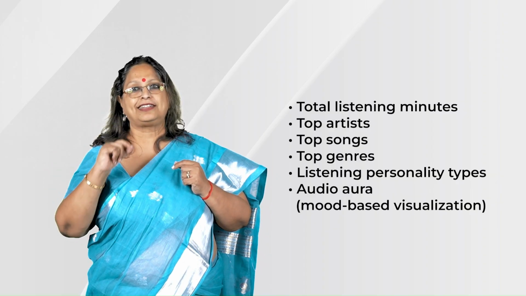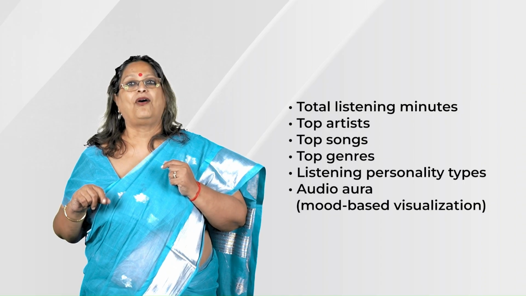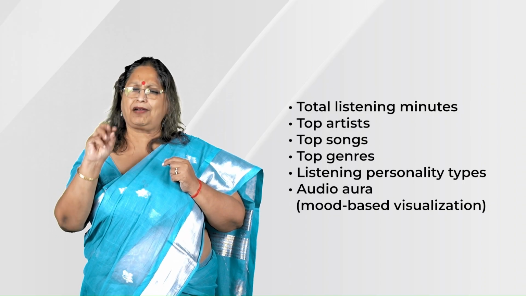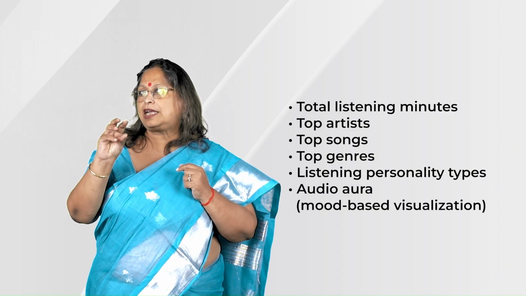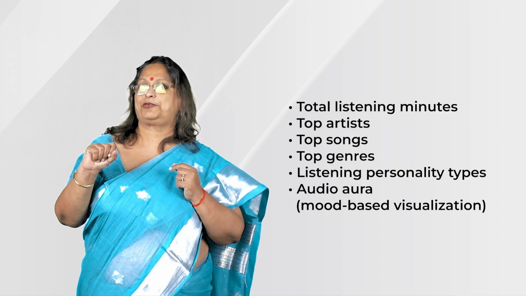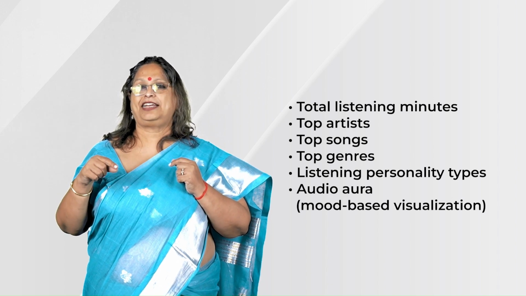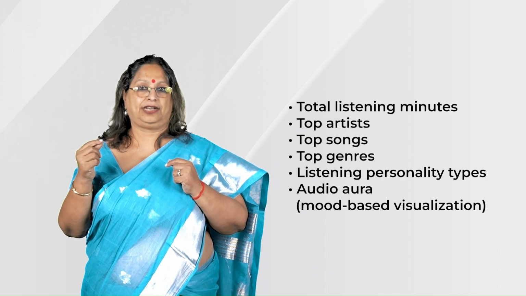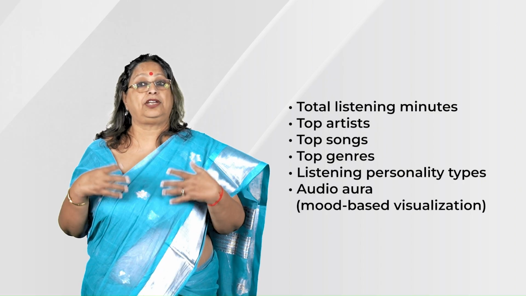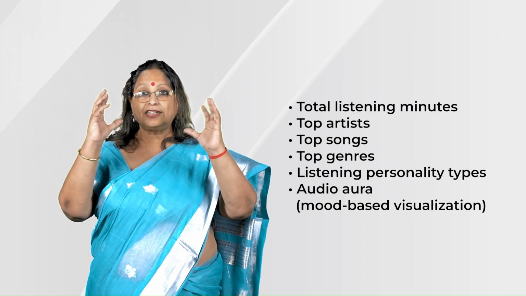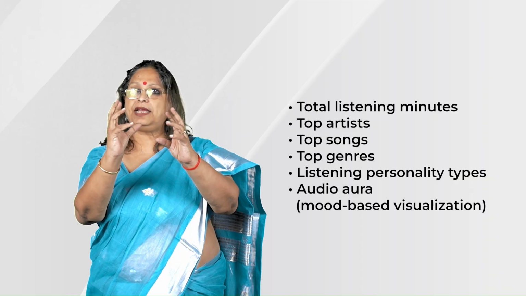Top genres that he is listening to? Also, is there a particular personality type of music that he is listening to? What does that signify? It signifies an audio aura. For example, some people might love listening only to ghazals. Now that's an aura about that person, the mood-based visualization.